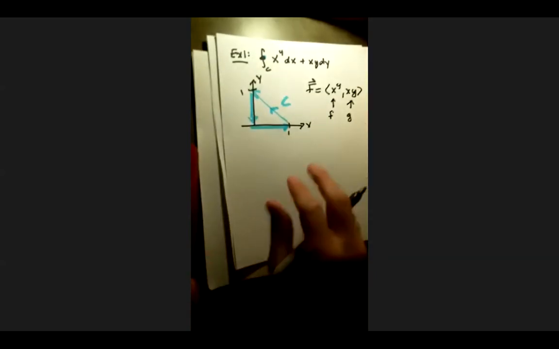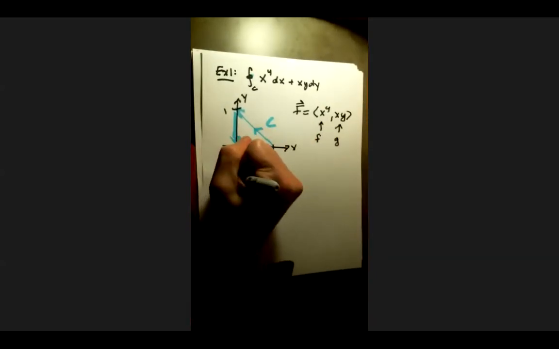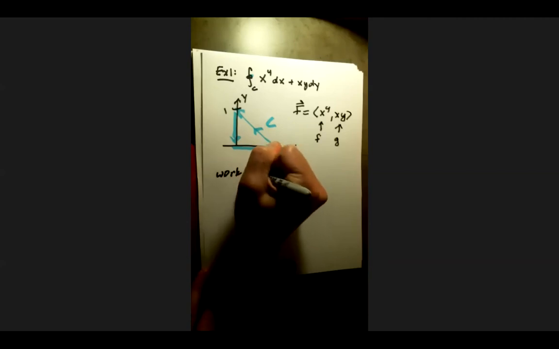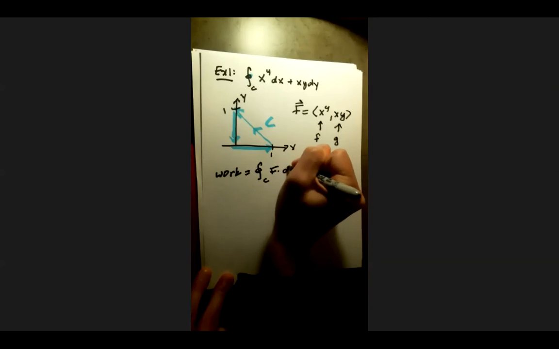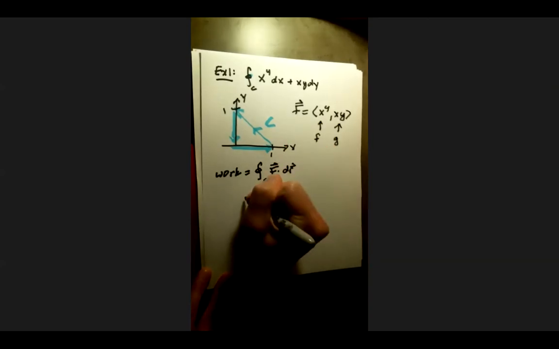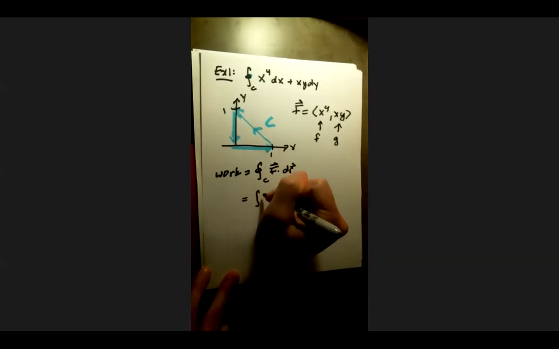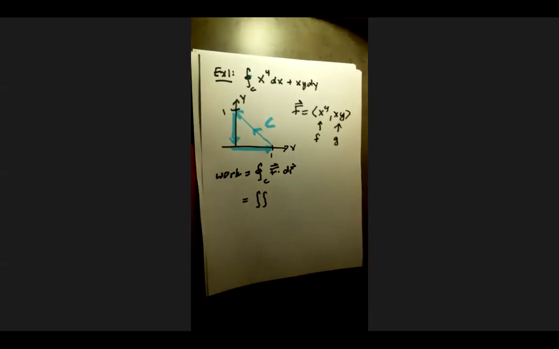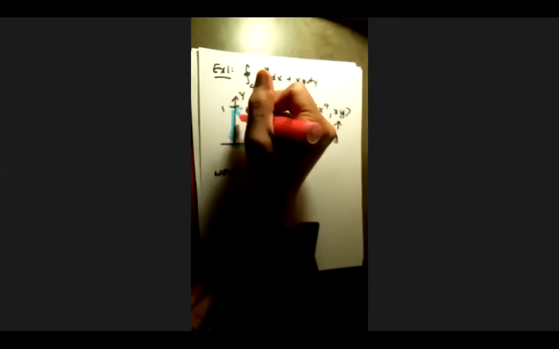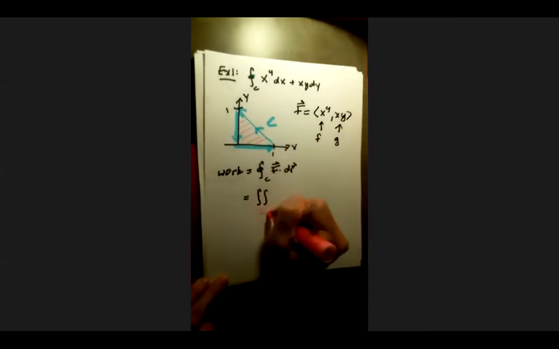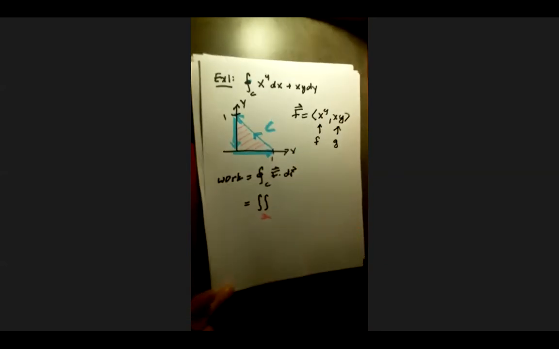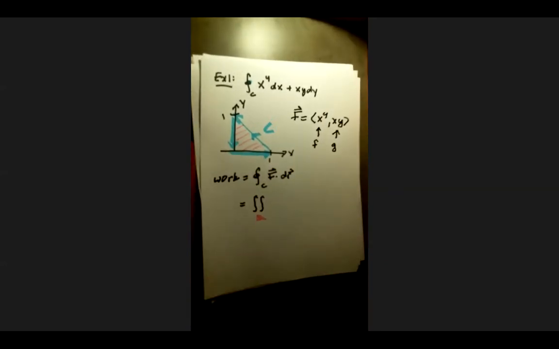And so the work, which is the line integral around the path of F dot dr, will be equal to the double integral across the interior of the region of the triangle.